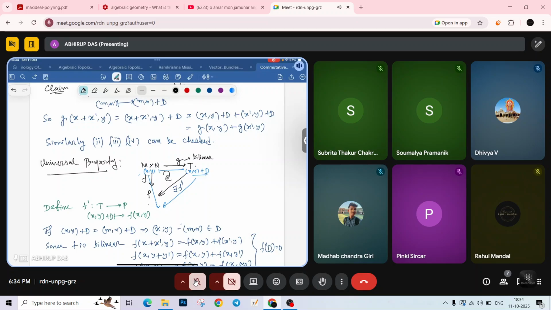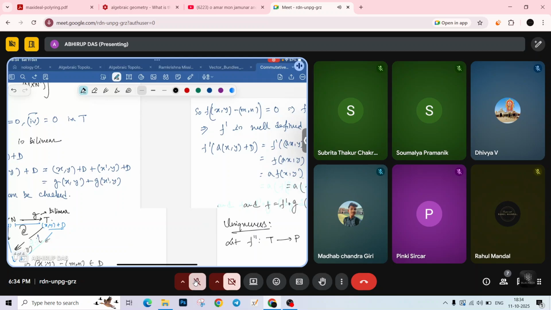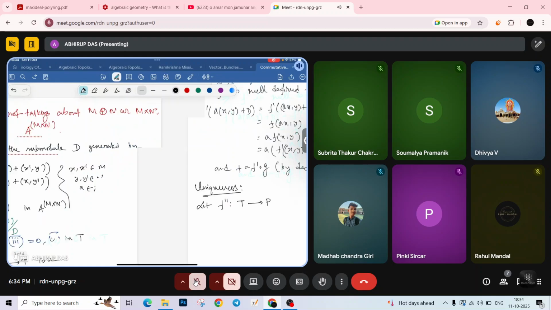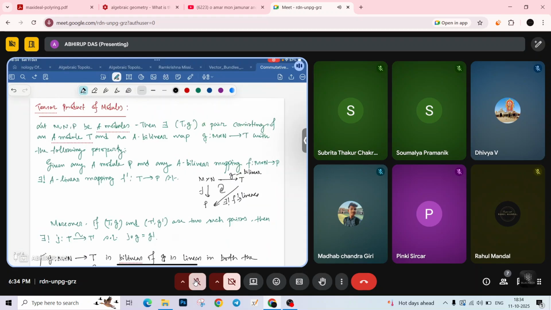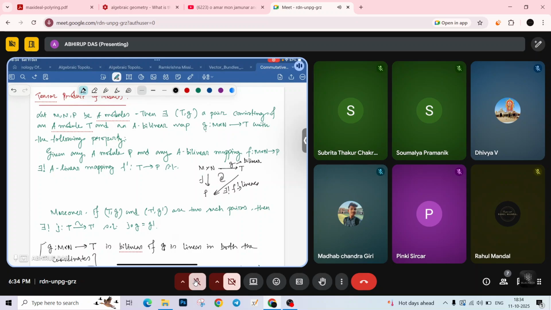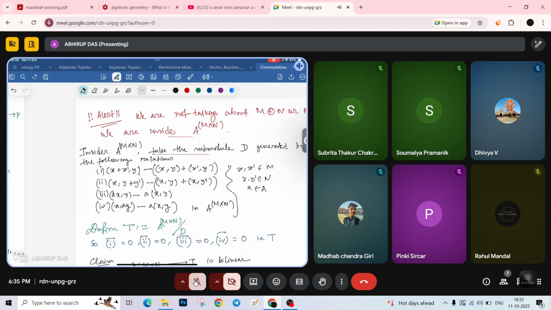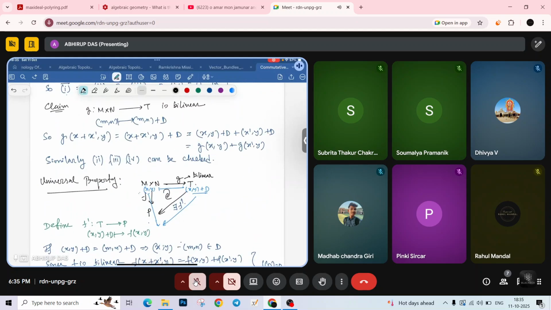We will show that from T to P there is only one such map, that is f prime. And then we will talk about the uniqueness of T and g, right? So for the time being, we are not talking about this weak uniqueness. We are talking about uniqueness of f prime here.